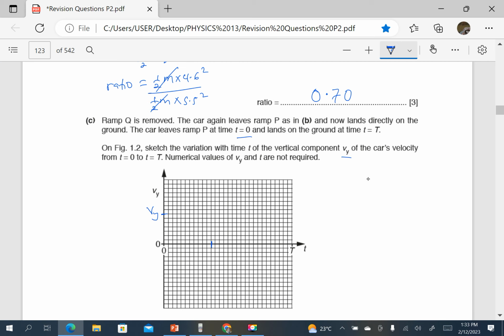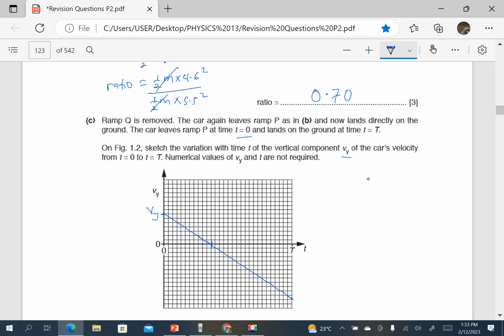The initial value of V in the vertical is a certain value, not 0. But then the velocity decreases as it goes to the highest point. And after then, the velocity increases in the opposite direction. So the line continues downwards until it reaches the ground at a higher value of V. So the graph will be a straight line.